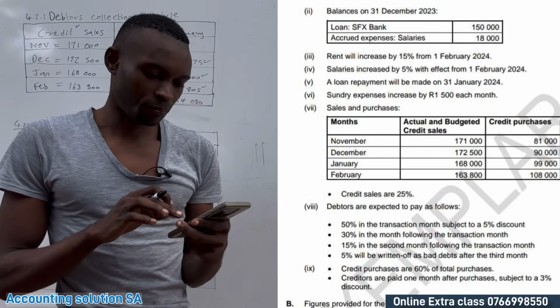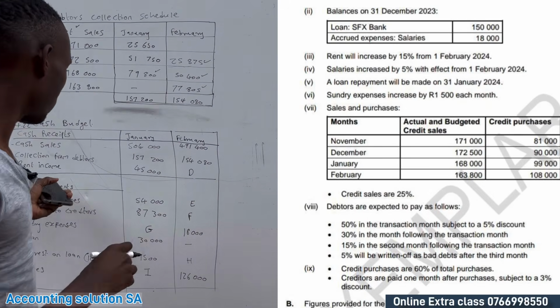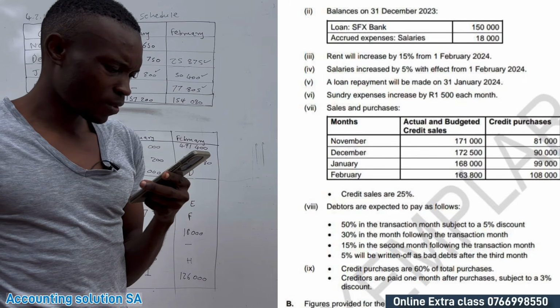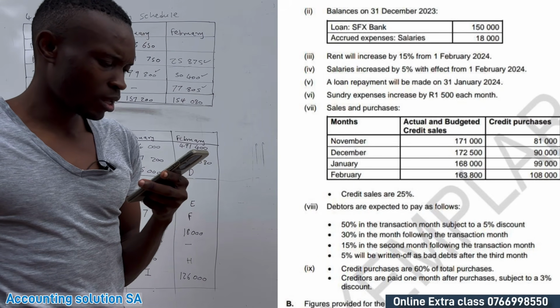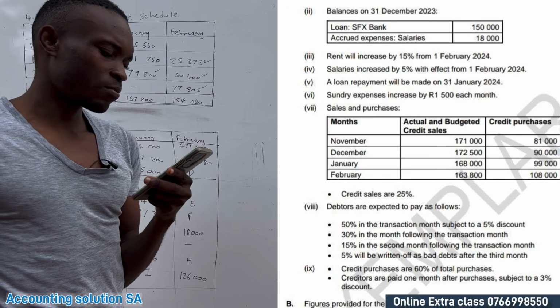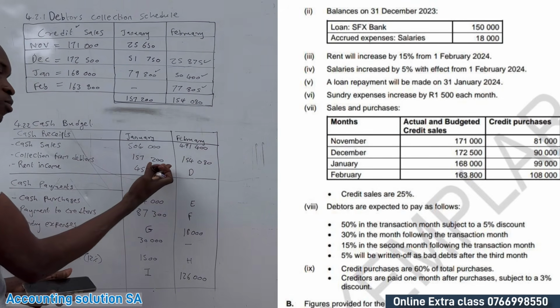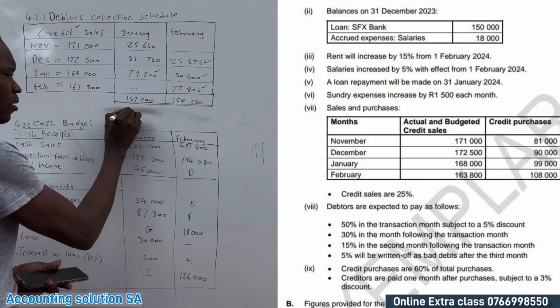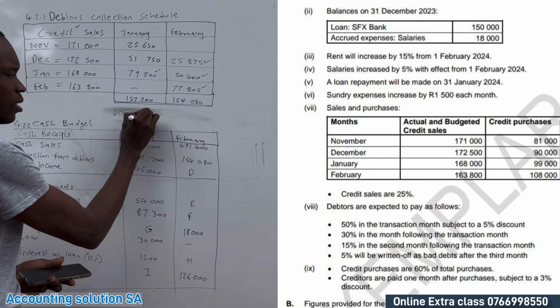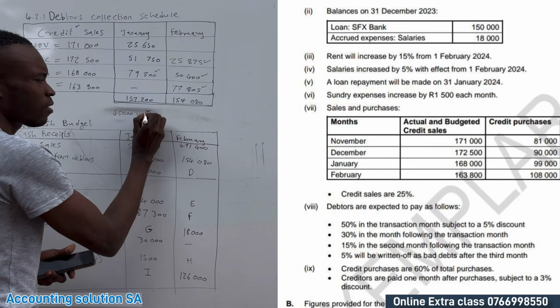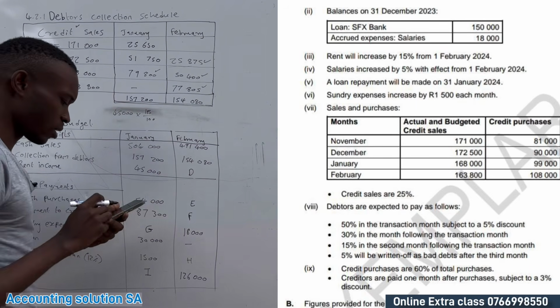Very simple. Okay, number D is talking about rent income. Rent income, let's take Roman figure number 3. Rent will increase by 15% from February. In January it was 45,000, and they say now it's going to increase by 15%. You can just say 115 over 100, and you get the straight answer.